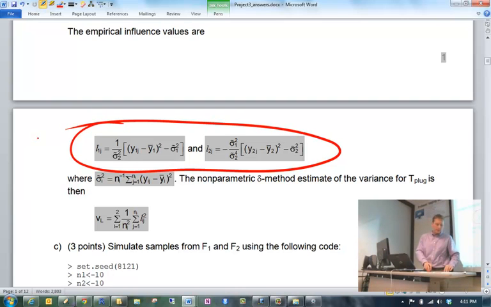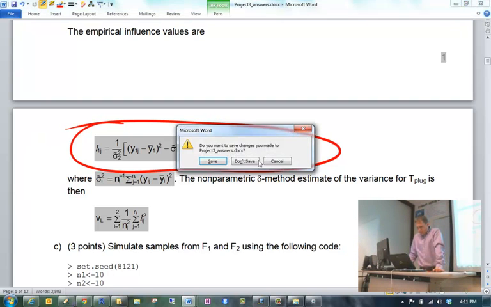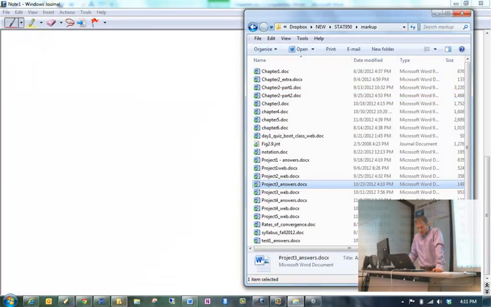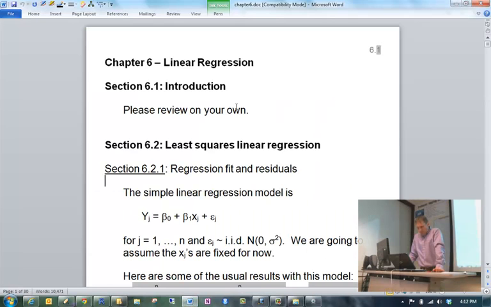Okay. Let's continue in Chapter 6 then. Of course, this is not on the exam. Okay, so we're going to talk about regression analysis and how the Bootstrap can be used with it.